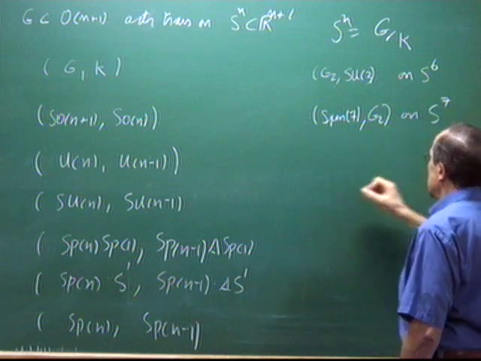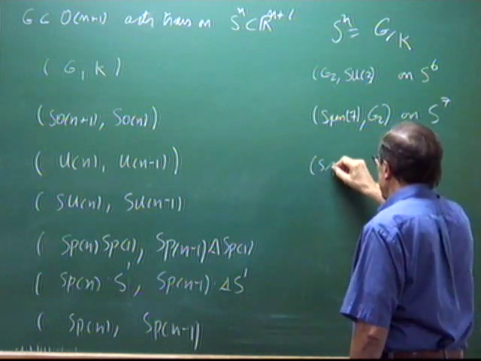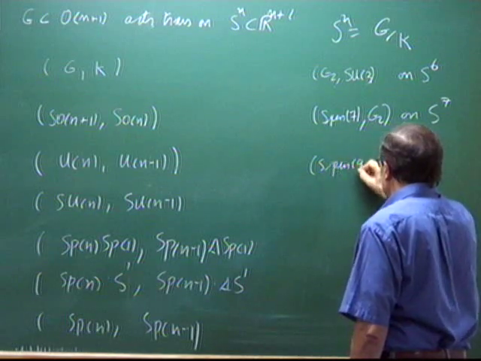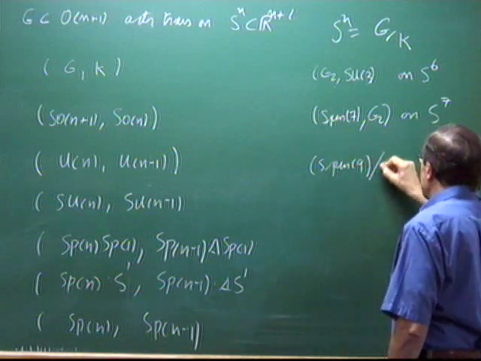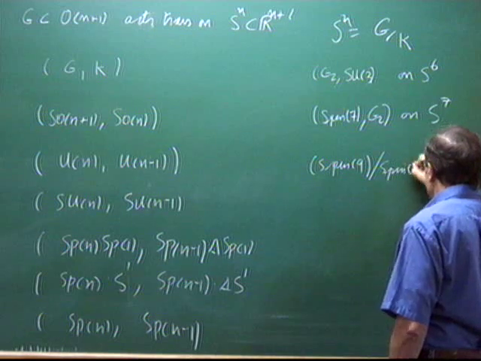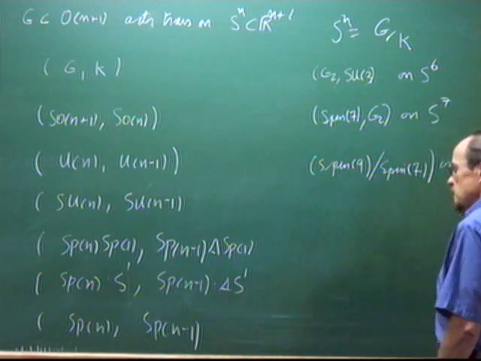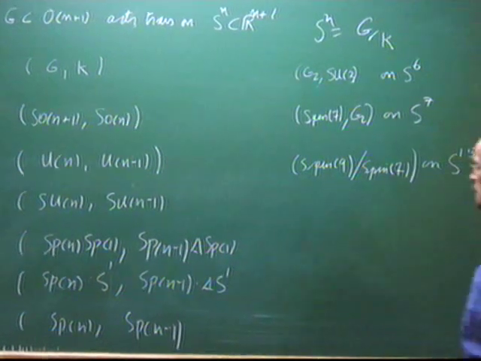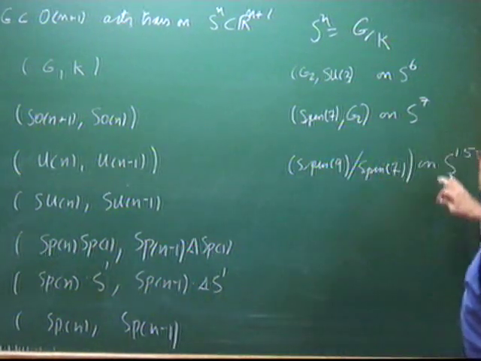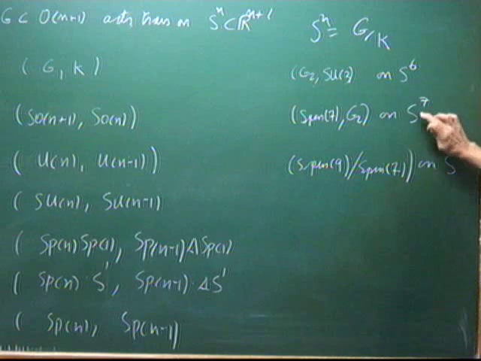And then there was Spin(9) mod Spin(7) on S^15. So three exceptional cases. So these we've seen, and this we've seen, this maybe not yet, and this we don't need.